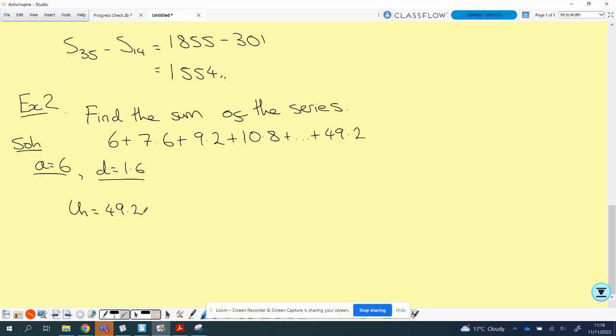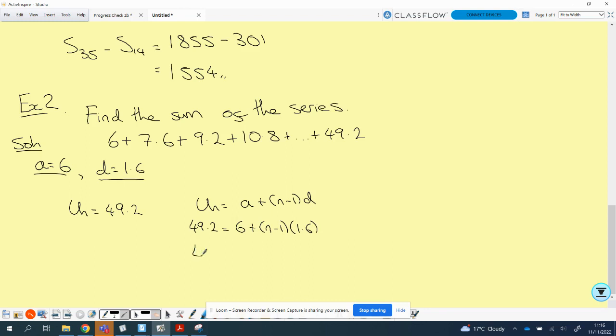But we also know that U of n equals A plus n minus 1 d. That's how you find any term in an arithmetic sequence. So I'm going to make that equal to 49.2 and substitute in my values: 6 plus n minus 1 times d, 1.6.